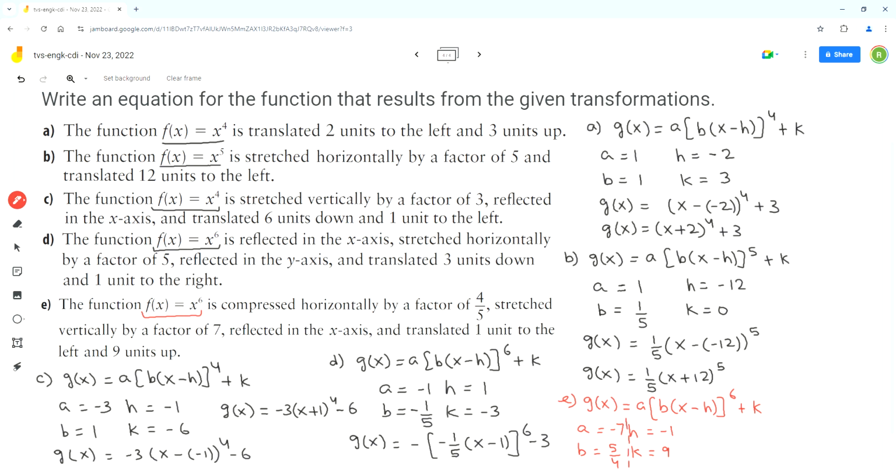Now we can sub in these values to write the transformed equation. A is -7, b is 5 over 4, x minus -1 is equivalent to x plus 1.